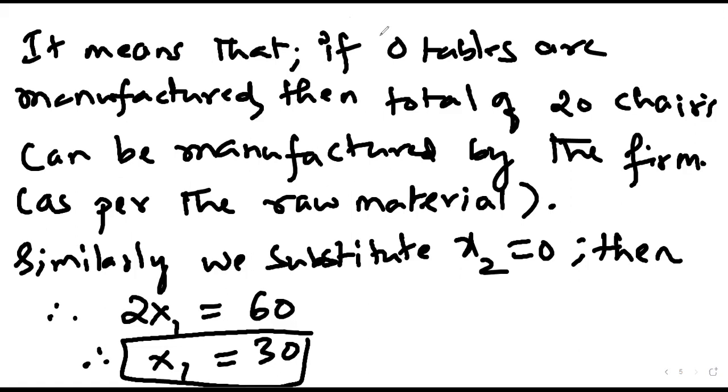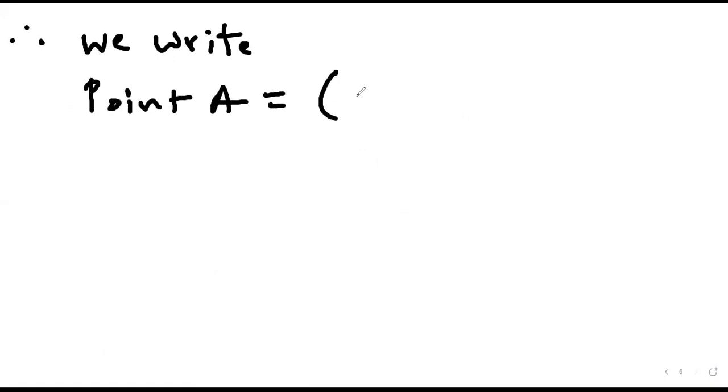Okay, so I'm going ahead. If anyone wants me to come back to this, let me know. Therefore, we write point A. What was the first point? We substitute x1 as 0, so x2 is 20.